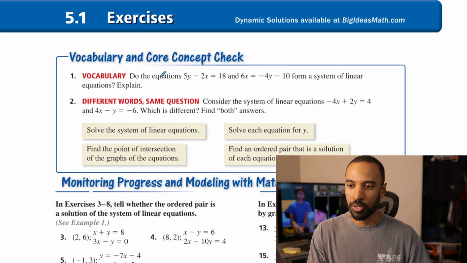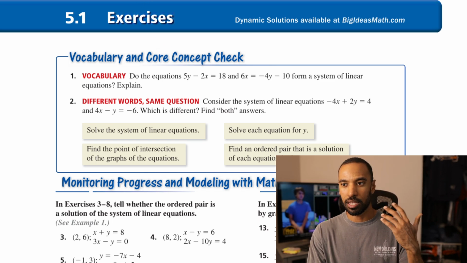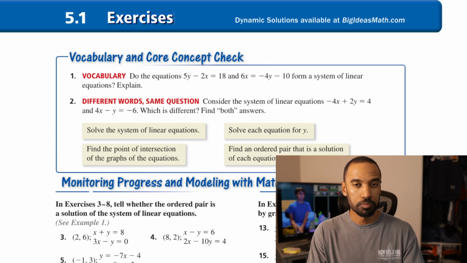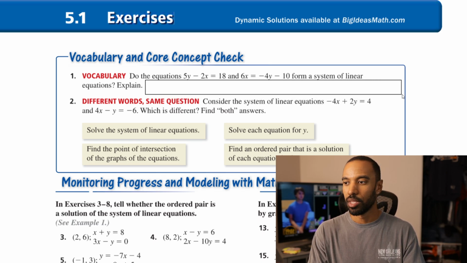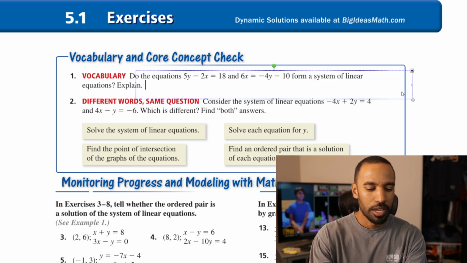Number 1, vocabulary. Do the equations 5y minus 2x equals 18 and 6x equals negative 4y minus 10 form a system of linear equations? Explain. Absolutely they do. It's a set of more than one equation, and it has variables in it, right? In this case, do they have to say 2 or more variables? I guess. But absolutely.